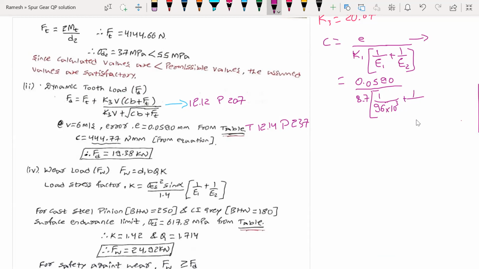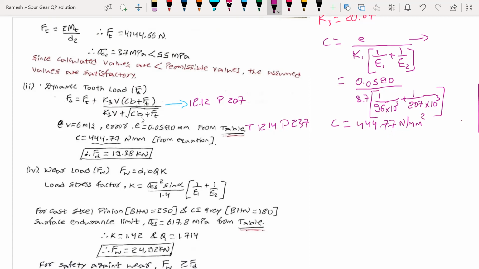E2 is given as 207 gigapascal, converted into megapascal, 207 into 10 raised to 3. From this, we get the value of C. After calculation, it will be 444.77 Newton per mm.